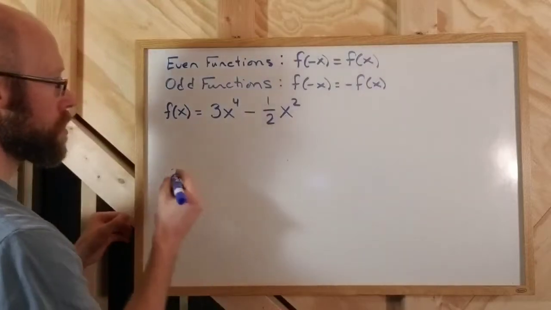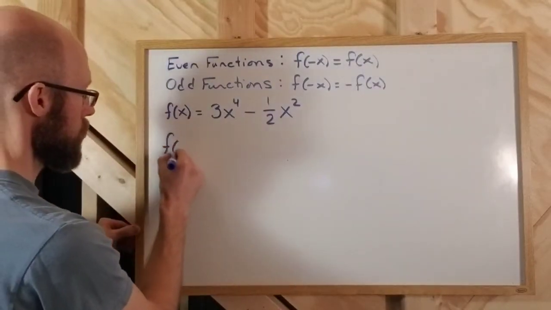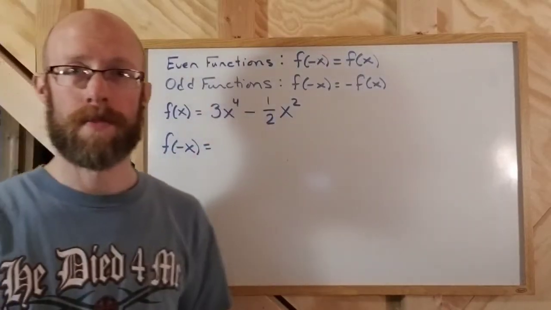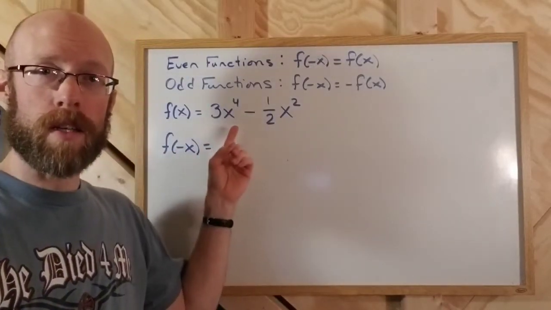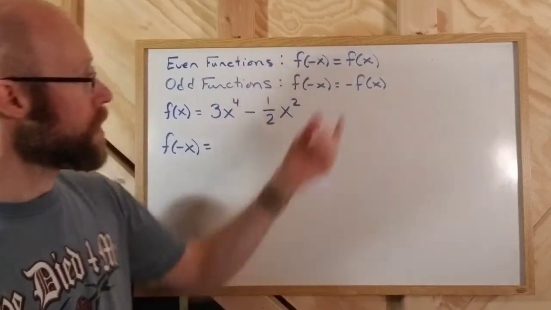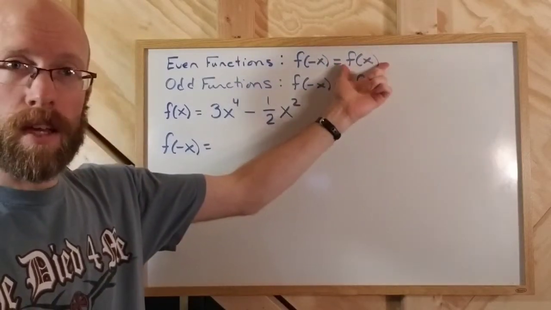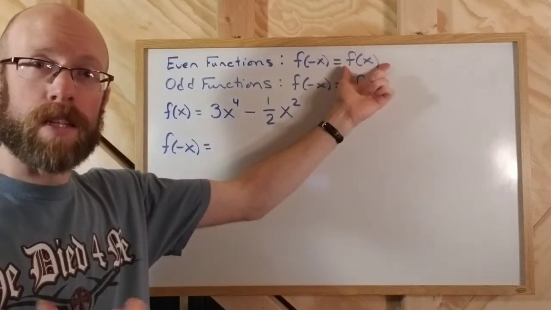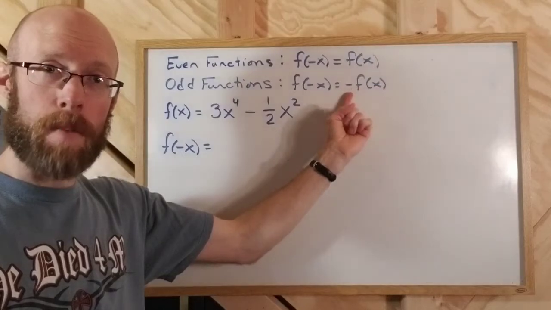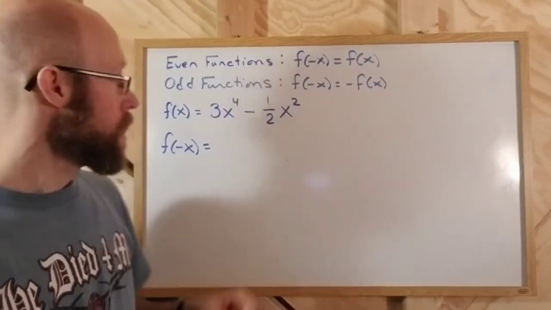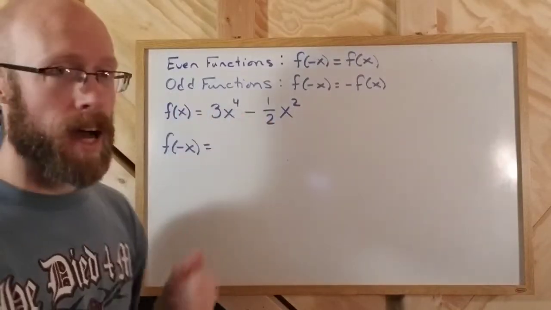So I'm going to start off by plugging in a negative x into the function. When I plug in negative x for the x's and simplify, if I get the exact same thing as the original f of x, then I know I have an even function. If I get the exact opposite of f of x, an extra negative sign, then I know I have an odd function.